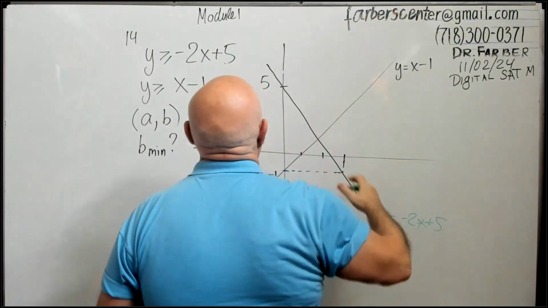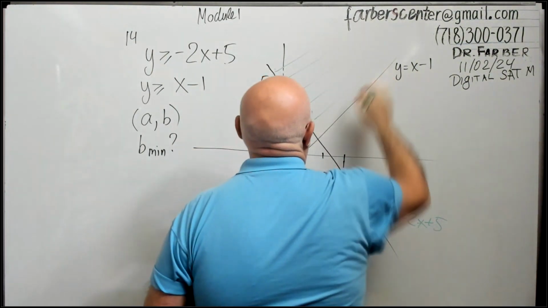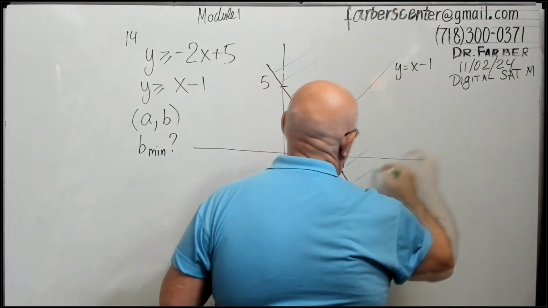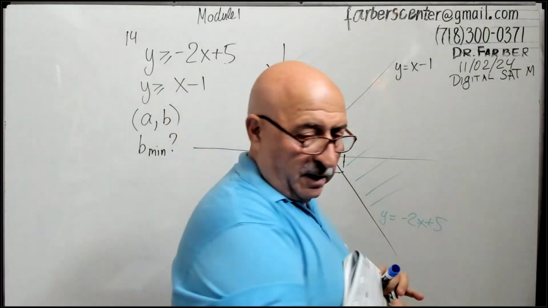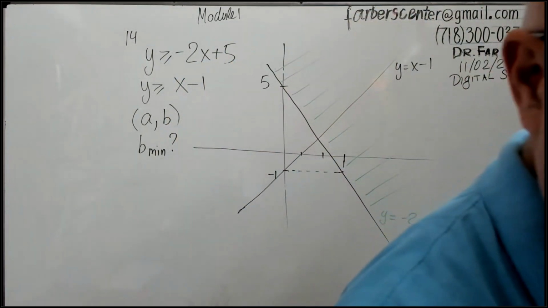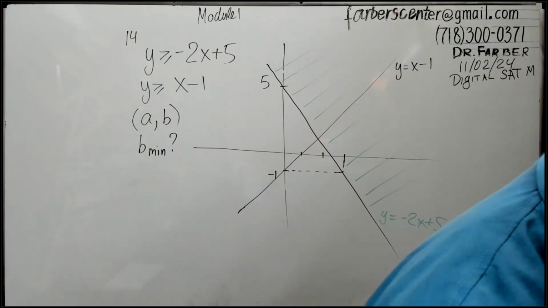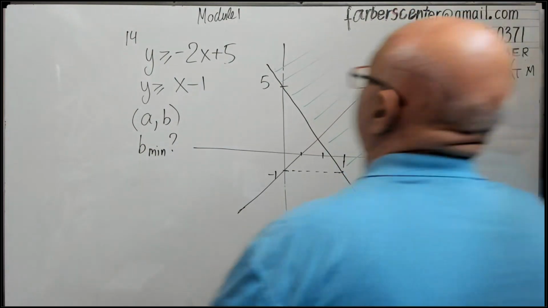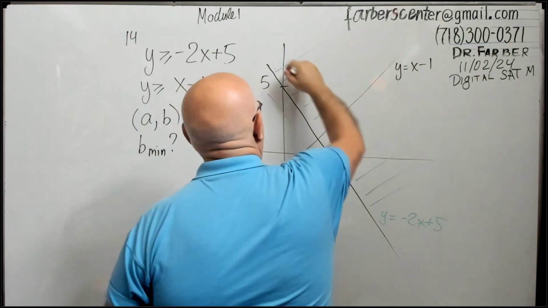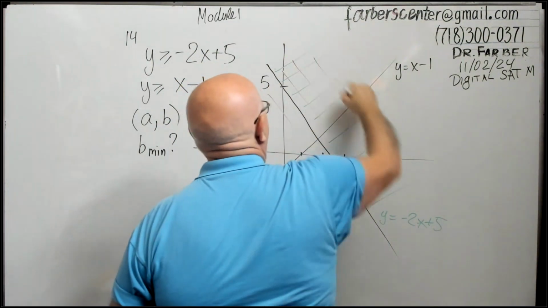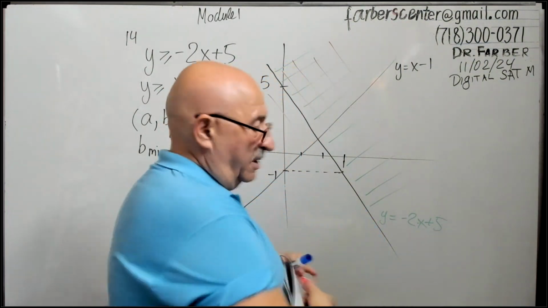So this line splits the plane into 2 semi-planes, greater is this part, shaded. And the second, I take a different color, red for instance, it's about this line. Most important, this is the intersection. Okay, I just visualize this problem.